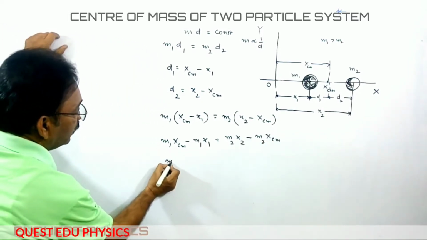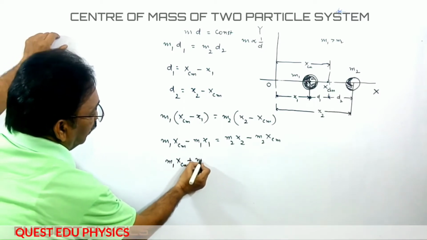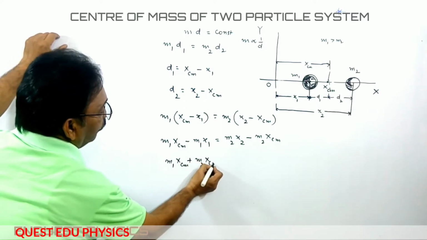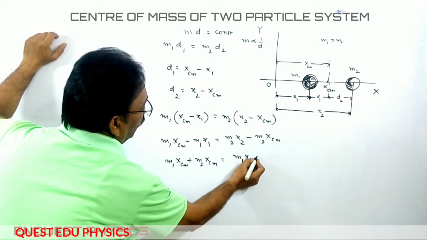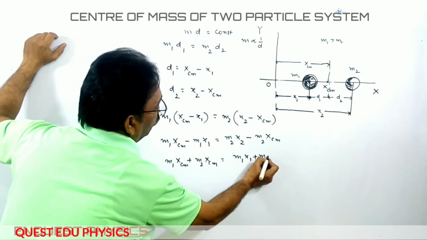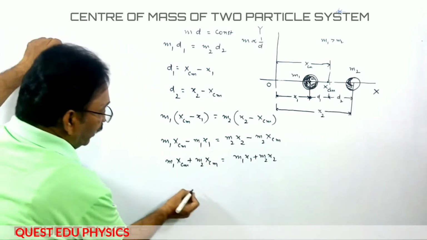And it can also be written as m1 xcm plus m2 xcm, I'm bringing here, is equal to m1 x1 plus m2 x2, and we need to find the xcm.